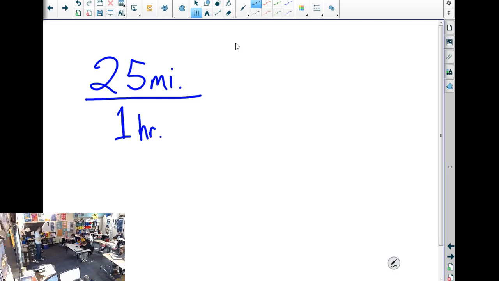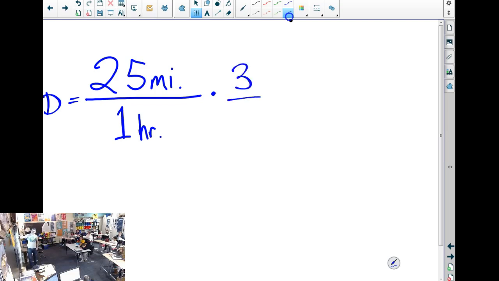Then they tell us the time, 3/5 hours. Now we could talk about that in minutes, but we don't want minutes because we're working in hours. So that 3/5 is how far they've gone, right? If we're doing distance, rate, time, we need to multiply, because my distance will equal my rate times my time.